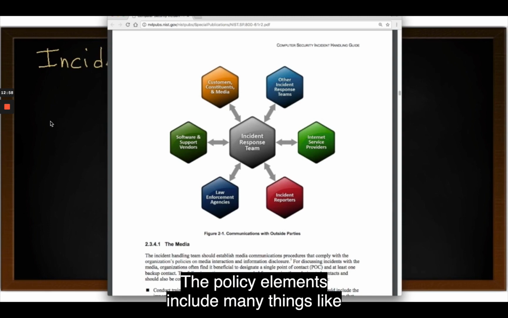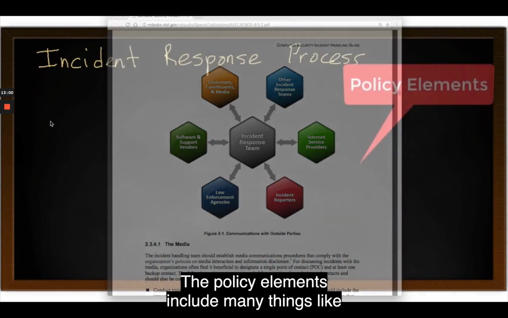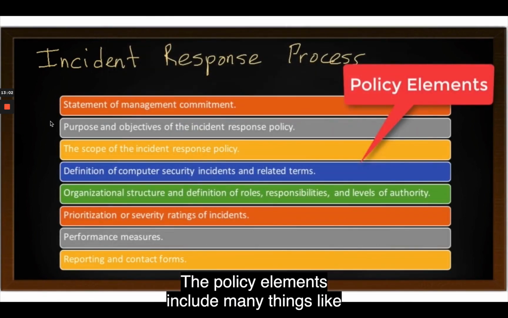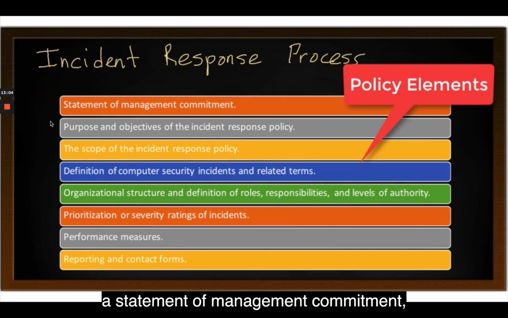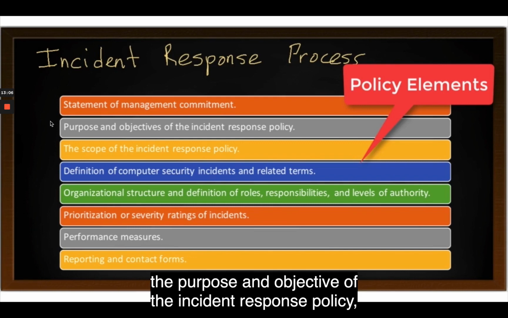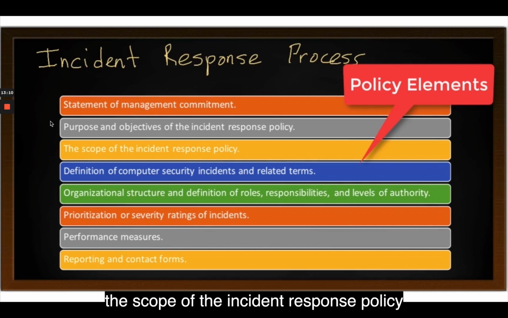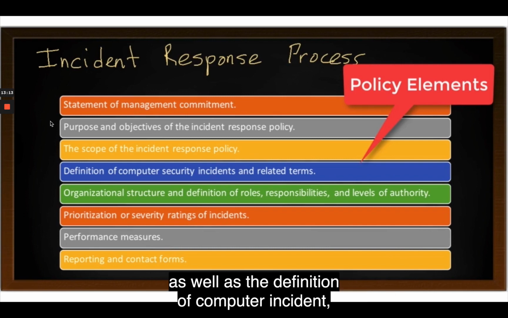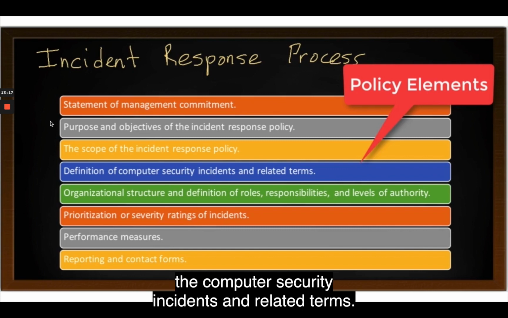So the policy elements include many things like a statement of management commitment, the purpose and objective of the incident response policy, the scope of the incident response policy, as well as the definition of computer security incidents and related terms, right?